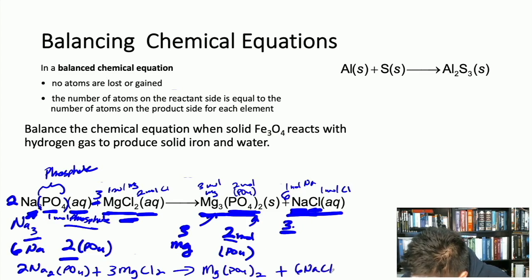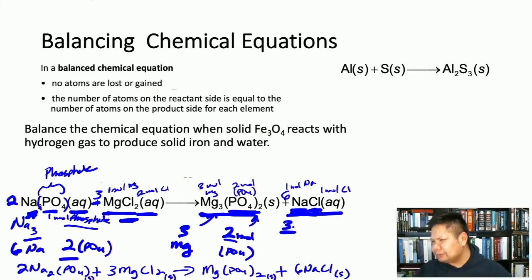And don't forget your states of matter. That's a solid right there. That's also a solid right there. That's also a solid. And that's a solid. That's your completed balanced chemical equation for the reaction of sodium phosphate and magnesium chloride.